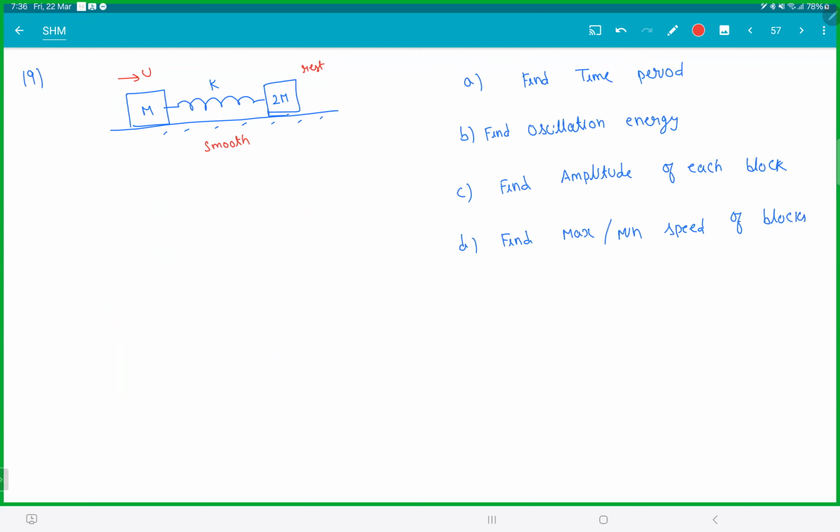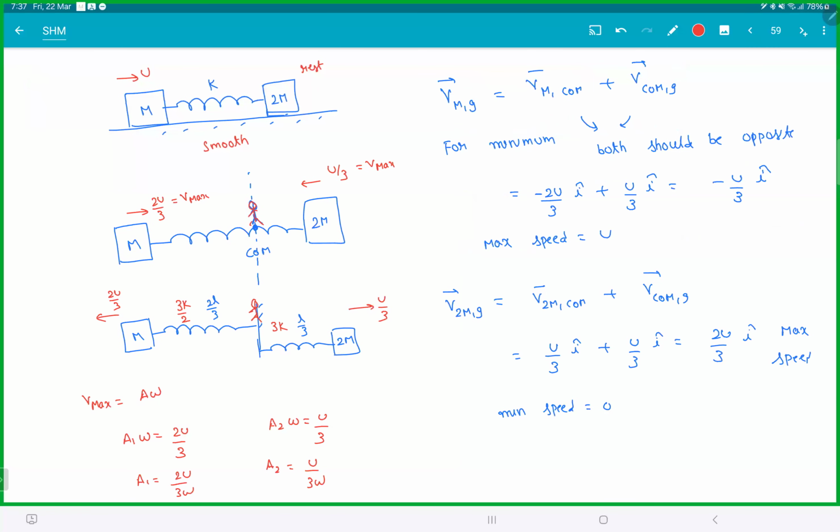What else do you want? Oscillation energy. How do you find that? Clear? How to find the second part?